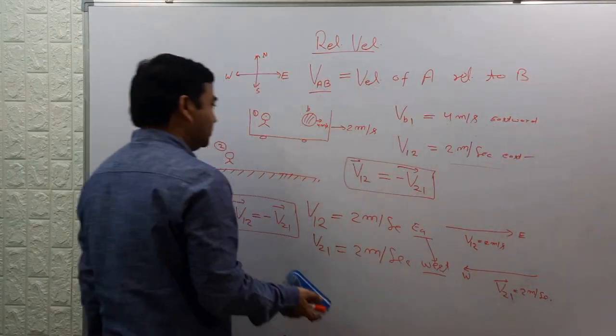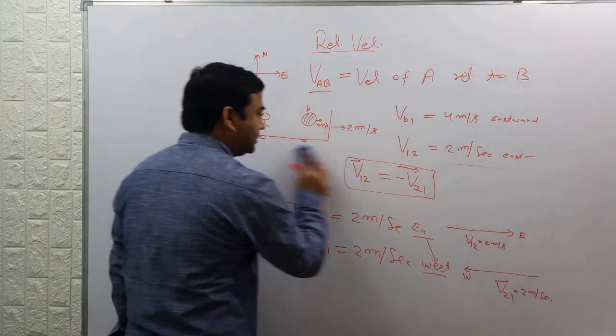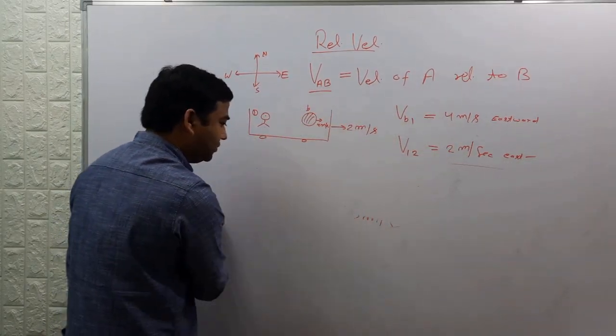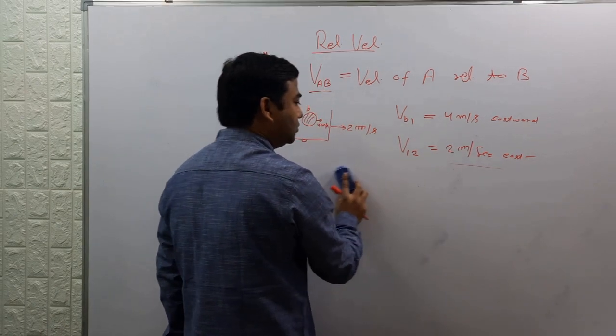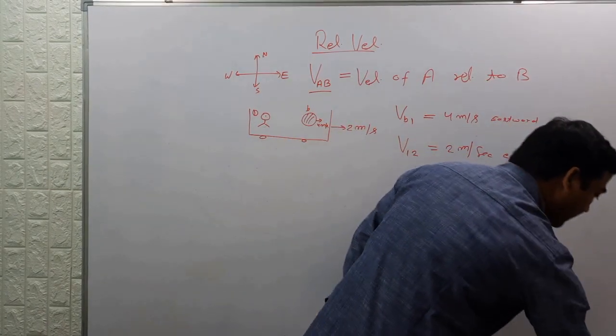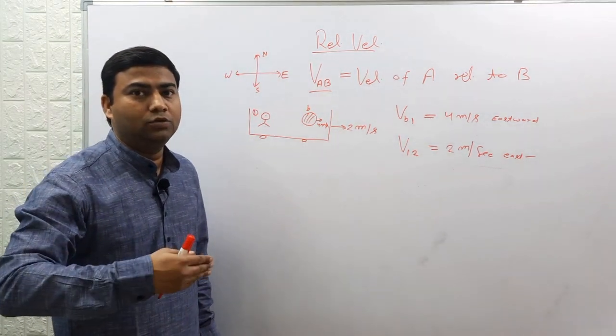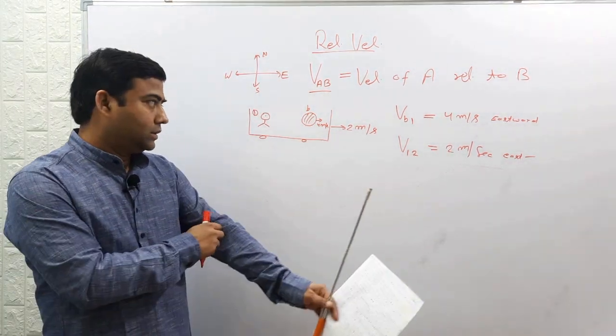So these are two important rules of relative velocity we have discussed till now. One is the velocity addition rule and the second is the negative velocity rule, that is V12 is minus V21.